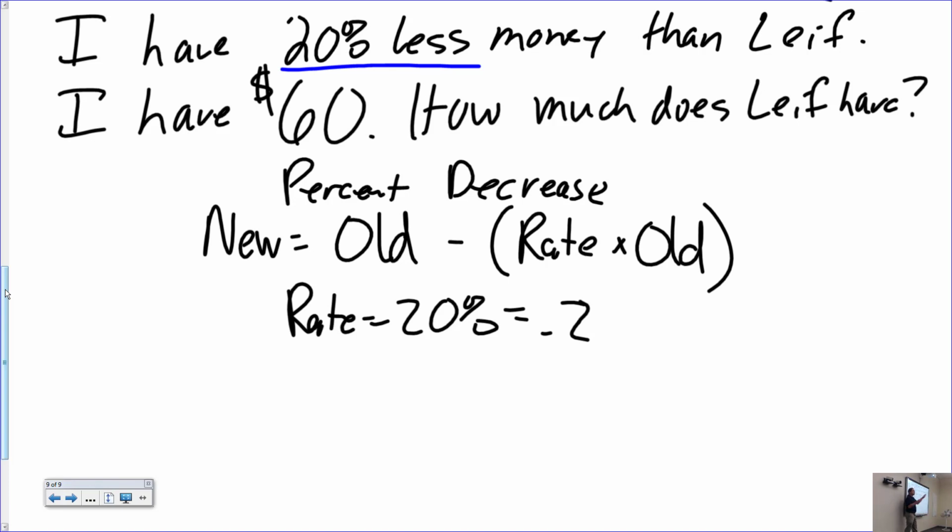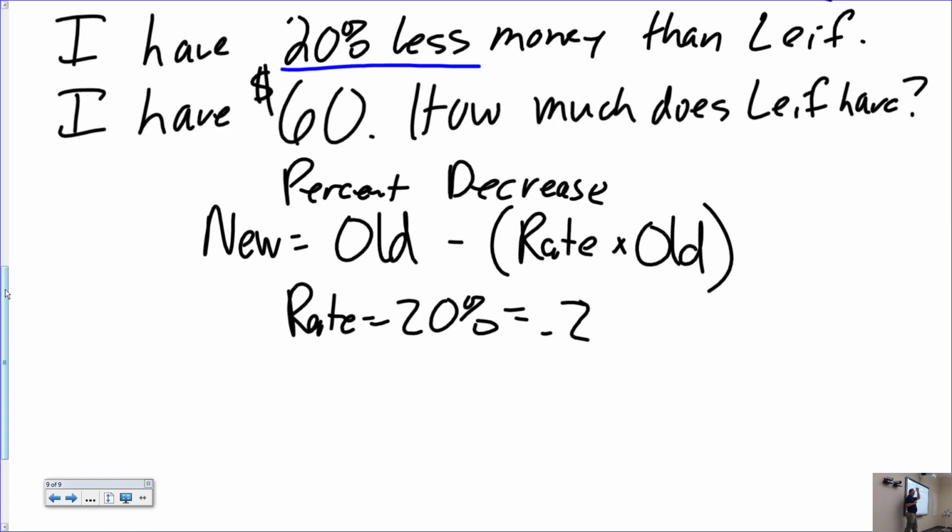Where do you start in a percentage decrease problem? Yeah, in comparison, right?